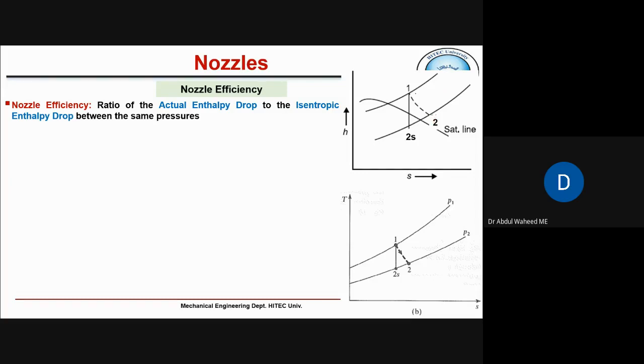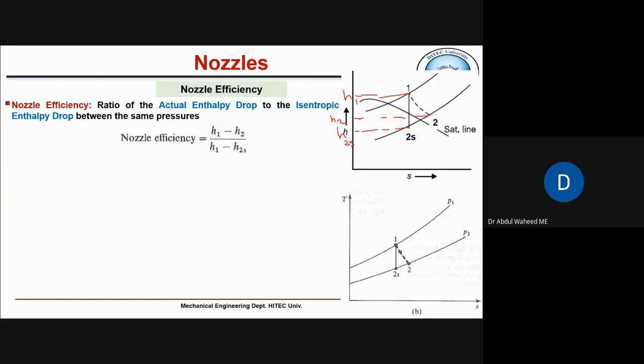So here on y-axis, you can see this is H1 and this is H2s, and this is H2. So you can see the difference between H2 and H2s on y-axis if it is HS diagram.